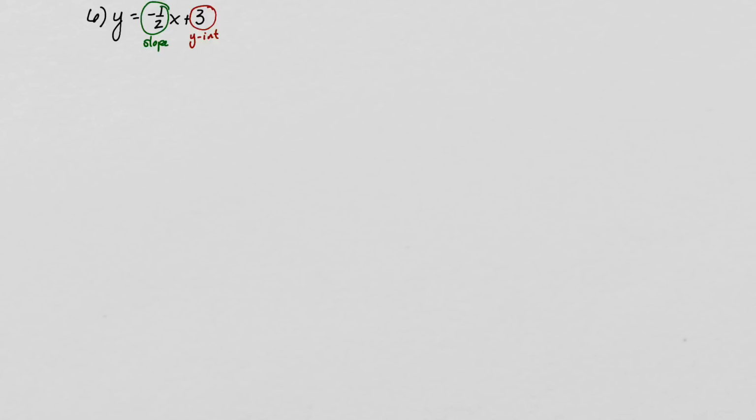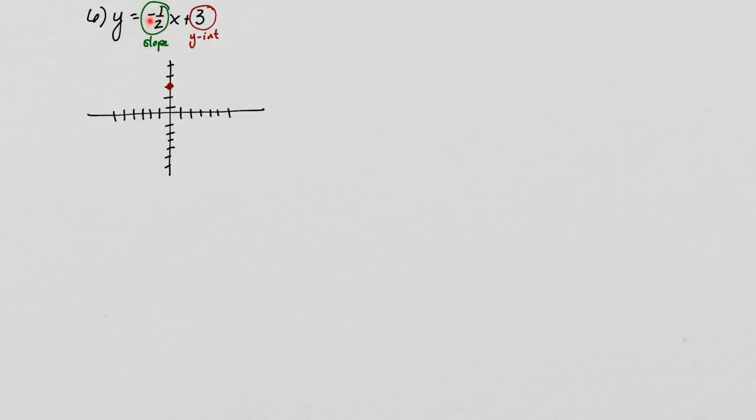So I'm going to make here a graph that we can draw this on. Just give it a couple lines here. And so the first thing I'm going to do is plot the y-intercept. So I'm going to put a dot at the 3. And then the second thing I'm going to do is count the slope. So I'm going to go down 1 because it's negative. So since the slope is negative, that's telling us we want to go down.